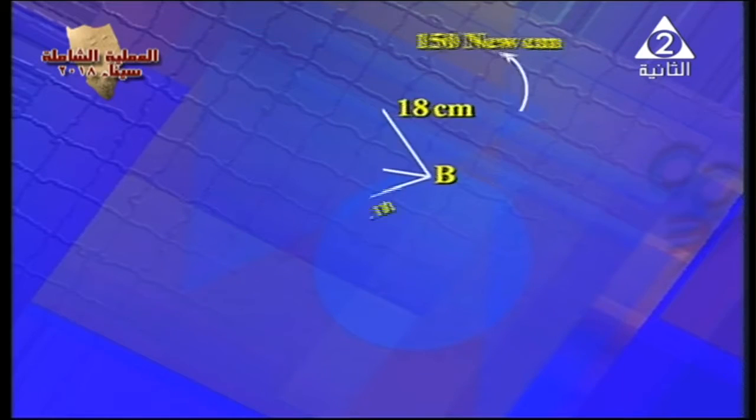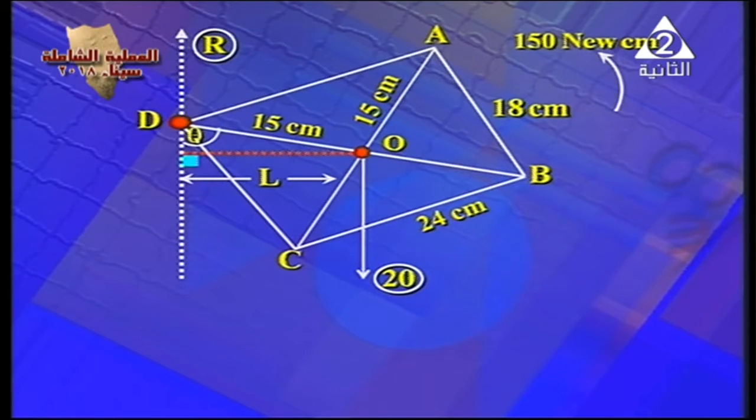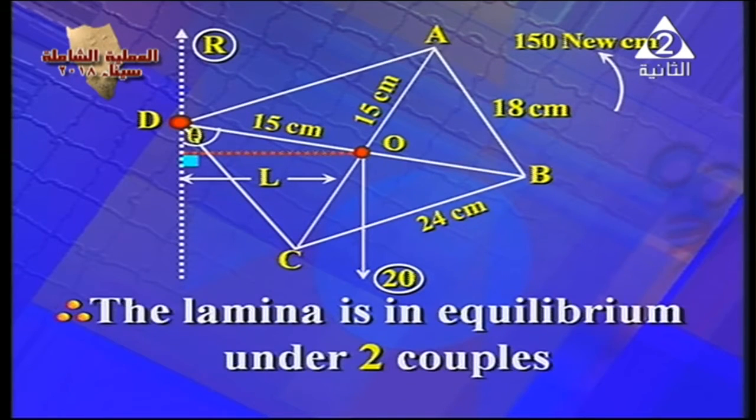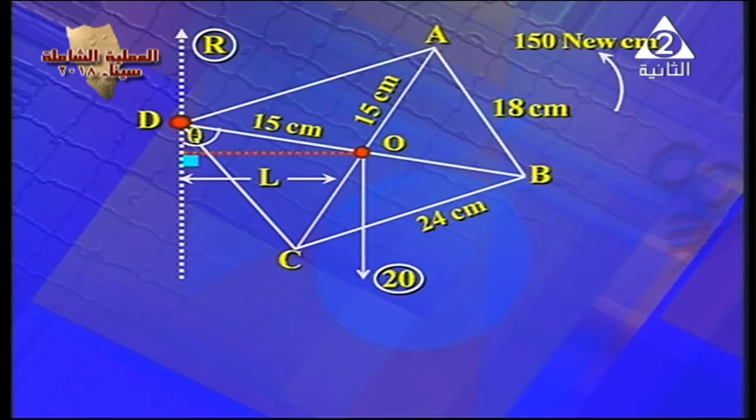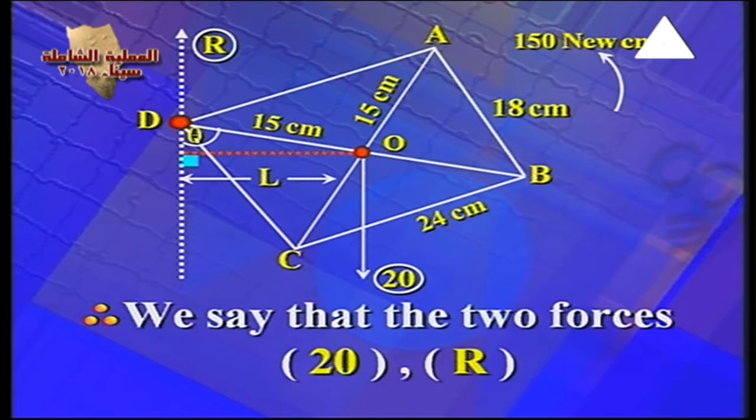Solution. Look at, dear student, the lamina ABCD, AB 18 centimeter, BC 24 centimeter. Look at the distance between diagonal AC and the vertical line is L. The couple is 150 Newton centimeter. The lamina is in equilibrium under two couples. What are the two couples?